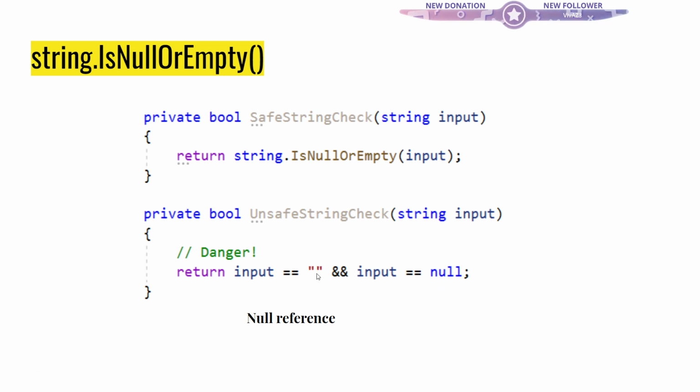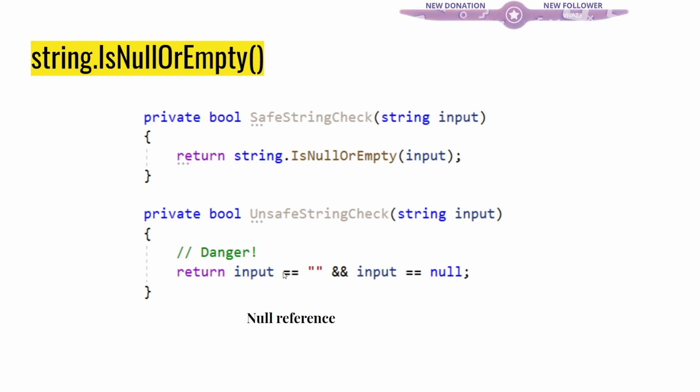So the problem here is the way comparison works for AND and OR. I first compare the left side, and if the left side is false, I don't need to compare the right side.